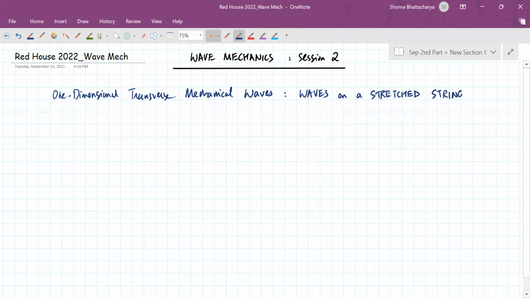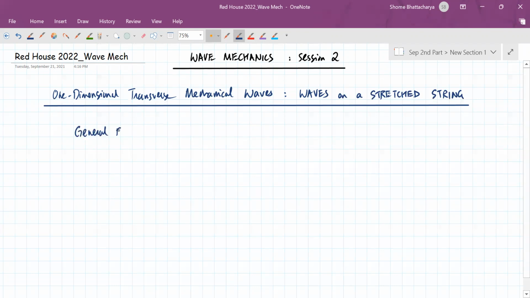So first and foremost, we will see how to develop a mathematical model of this. So the general equation of such a wave, which is basically a mathematical model of it.